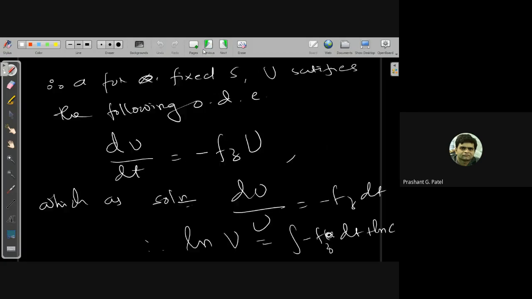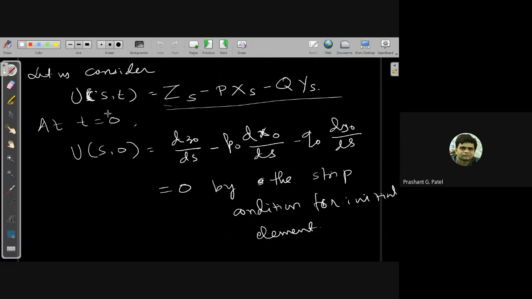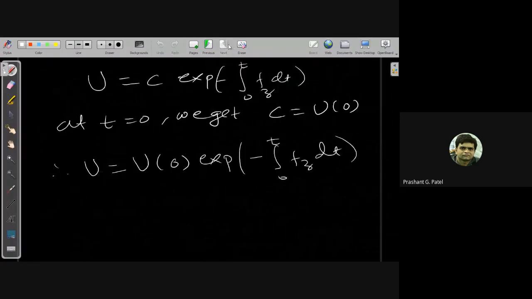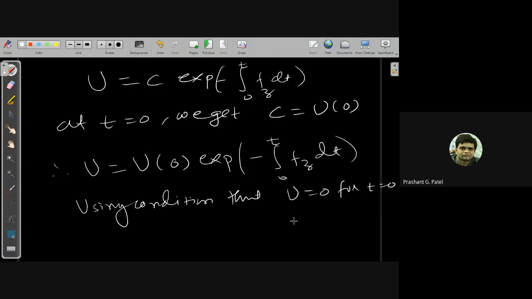Using that condition, this expression leads to u equal to 0 for all values of t.